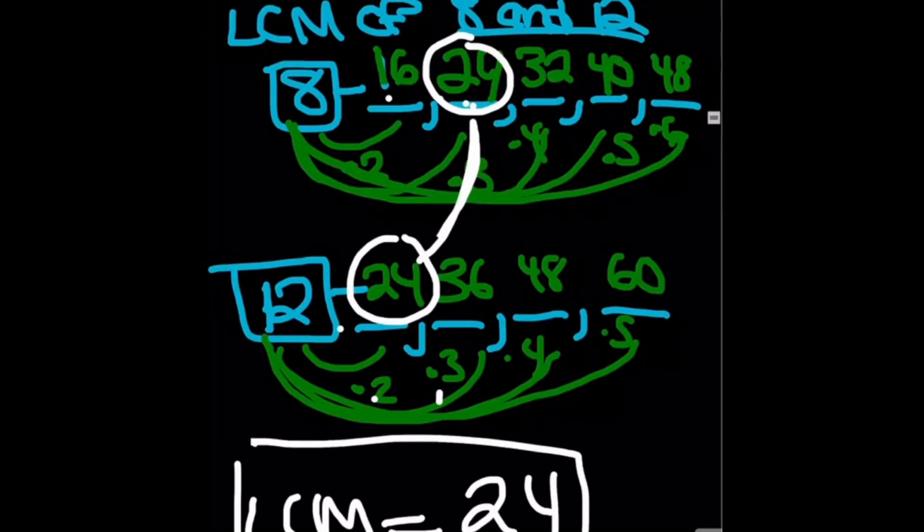You're just finding the lowest number. Sometimes you can just use your knowledge. This one was a very easy problem. You could have probably thought in your head, okay, 8 times 2 is 16, 8 times 3 is 24. And right away, when I found 24, I knew that 24 is the least common multiple, because if you know your multiplication facts, it gets even easier.